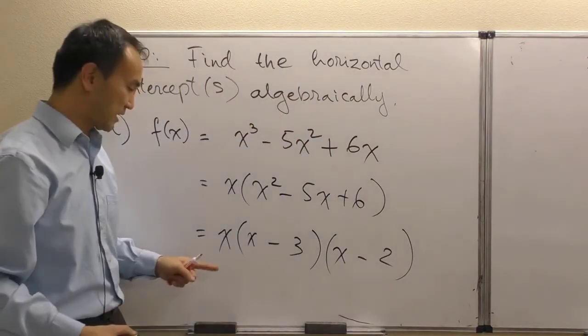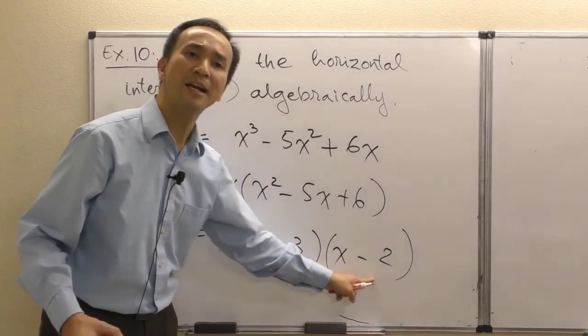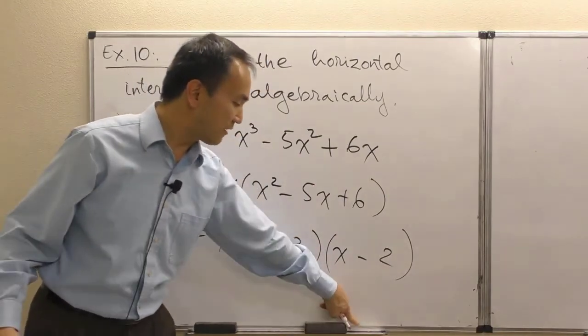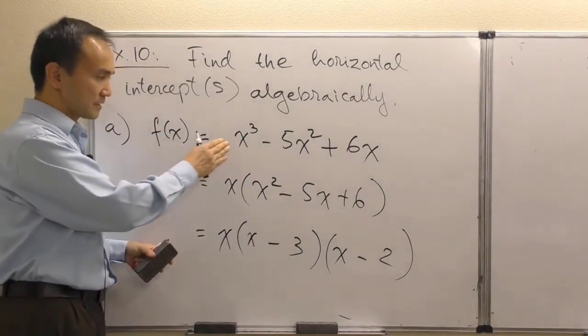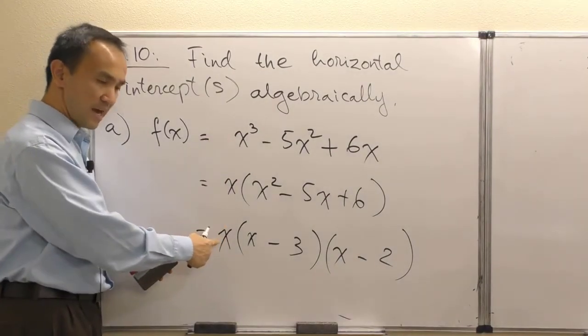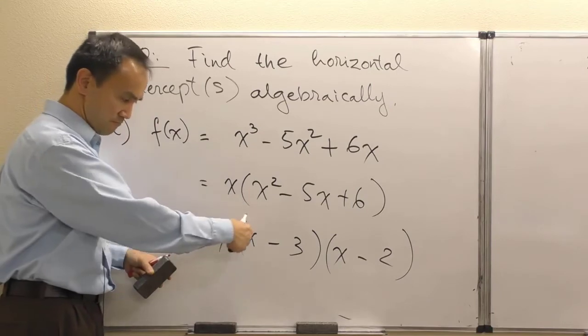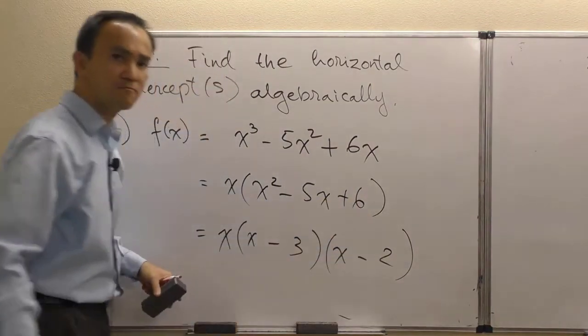That forms a factor x minus 3, and the other factor is x minus 2. So just now, this is how I see my cubic from start to here. This cubic is factored into x, which is the same as x minus 0, times x minus 3, times x minus 2.